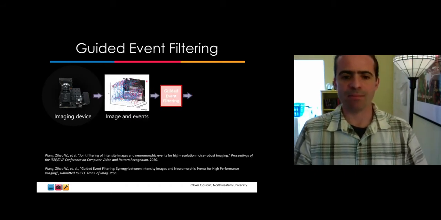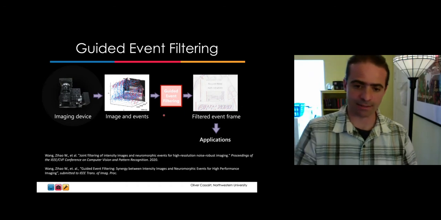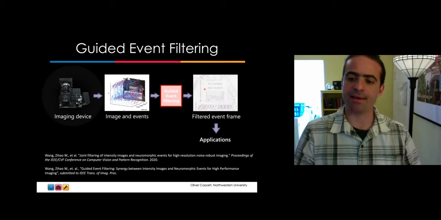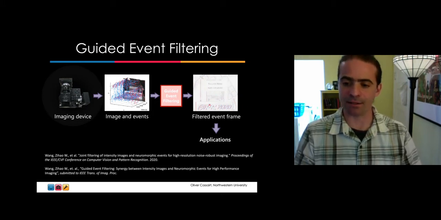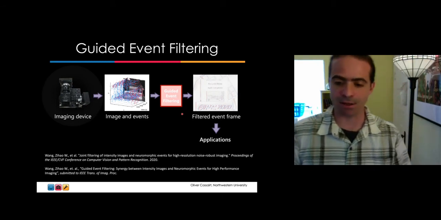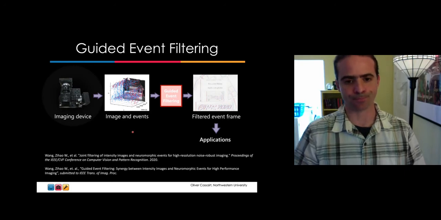So we have some set of events, we have an intensity frame, and then we have some notion of filtering the events, based on a special process that I'll go through in a second, using information about the intensity frame, such that what we get out is an event frame that has much higher fidelity than we would have gotten if we had just binned together the events directly and ignored the information from the intensity frame itself. I'll go through a little bit more detail about how this works and why it's useful.